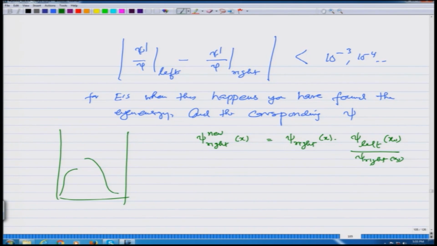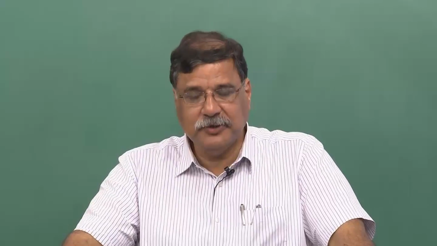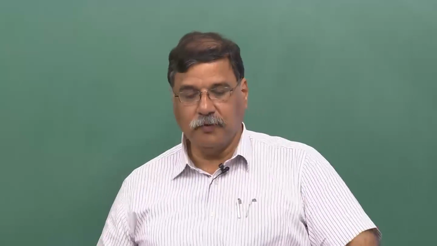This will make sure that now the wave functions match at x equals x 0, and then you found a continuous wave function and you can normalize it. So, what I have given you is, in this very specific kind of problem where the wave function vanishes at the two boundaries, how to find the wave function and the eigenenergies.